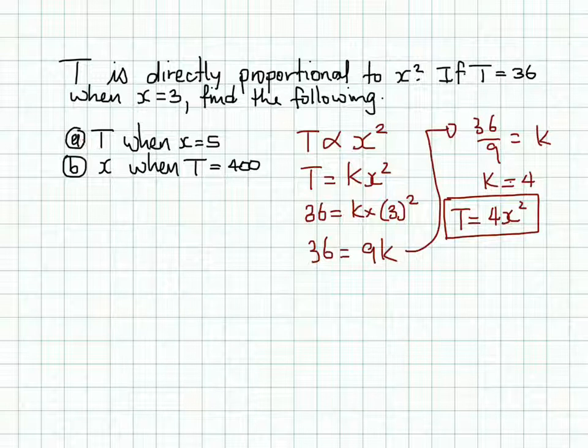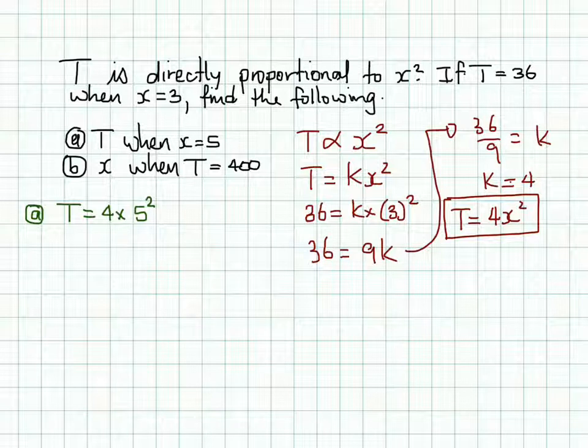So part A now, find t when x is equal to 5. So here we go. I just need to go back to here, keep t where it is because that's what I'm trying to find, but x is going to be equal to 5. So this is question A, t is equal to 4 times 5 squared.